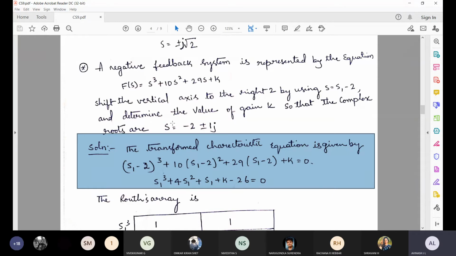After simplification, this is purely a mathematical step. You will get s1 cube plus 4 s1 square plus s1 plus k minus 26 equal to 0. So this is what exactly you are going to get.